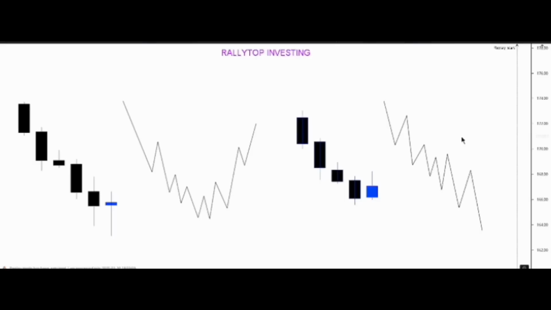Once the daily candle is formed, you are not going to trade on that day. You are going to trade the next day if it gives you the pattern I'm about to show you. If it doesn't give you that pattern, sit on your hands. Now, let me tell you what you are going to look for on the daily time frame.